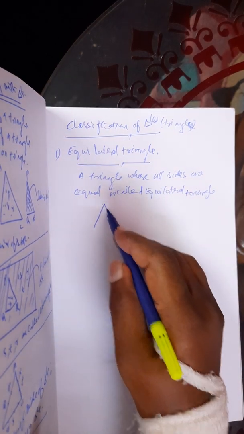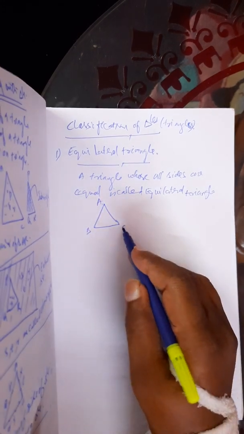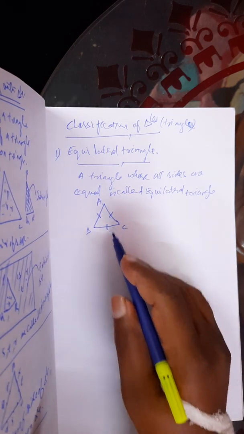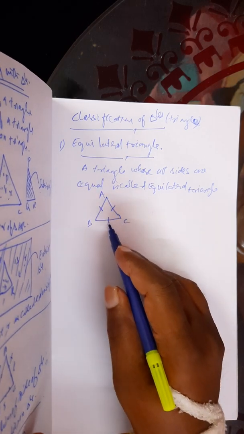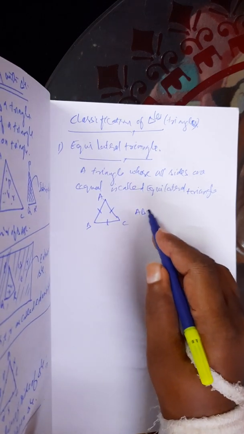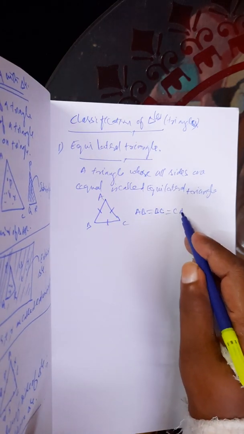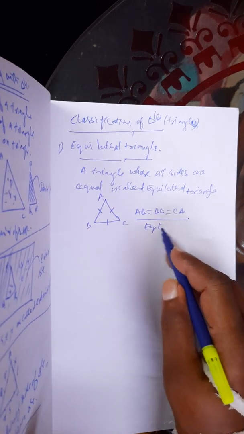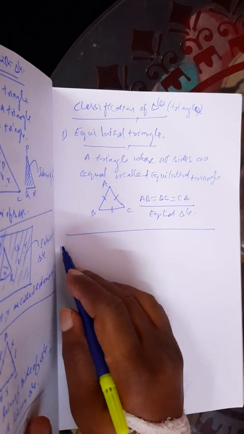That means a triangle has all sides equal. Suppose ABC is there. This side is equal to this side, these two are equal, and again I put marks like this, so these three are equal. Like that all sides are equal. Here the condition is AB equal to BC and equal to CA. When this condition is there, this is called an equilateral triangle.